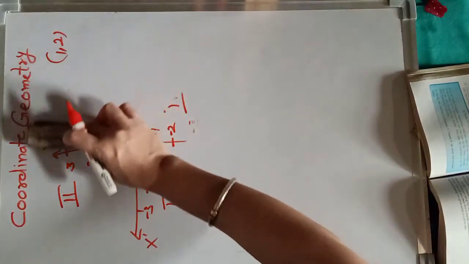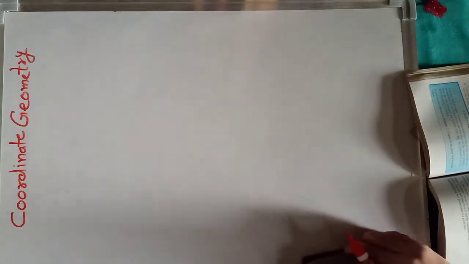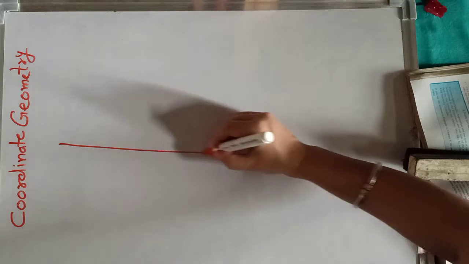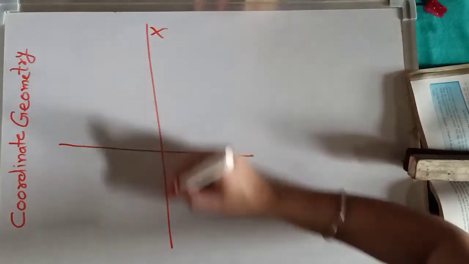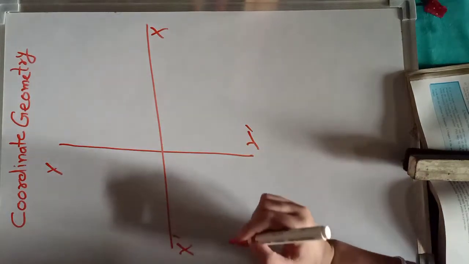Now come to the concept: how to find the distance between two points in general form. Let this be the x-axis and this the y-axis.